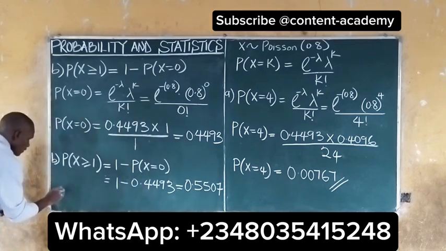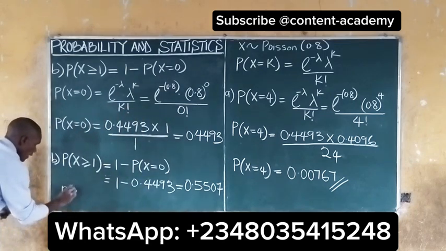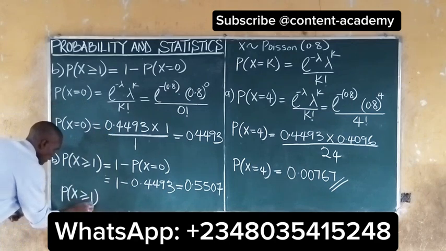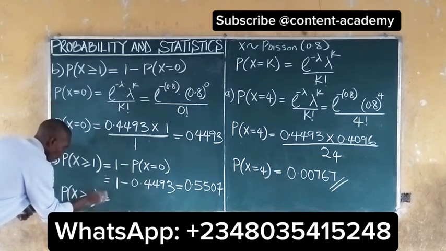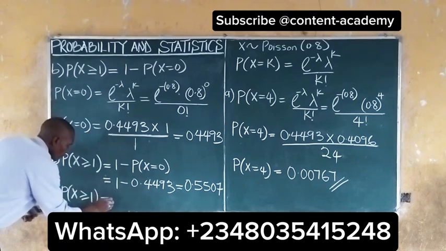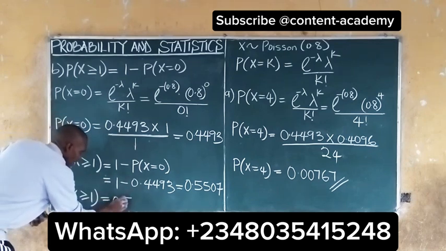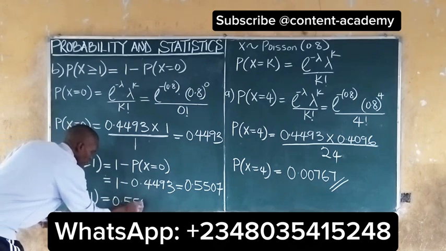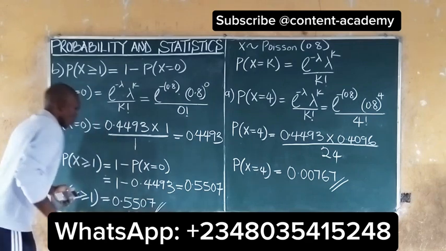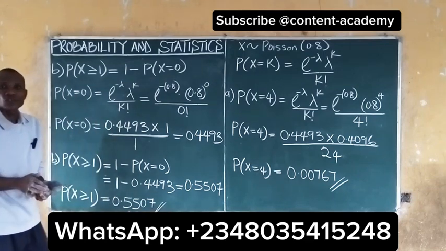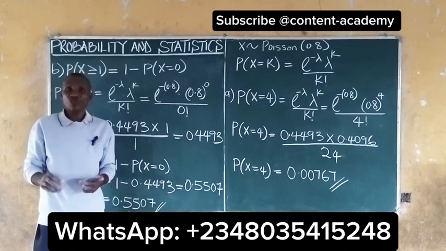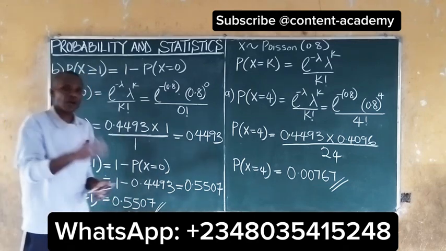So the probability that X is greater than or equal to 1 is 0.5507. So that's the answer.